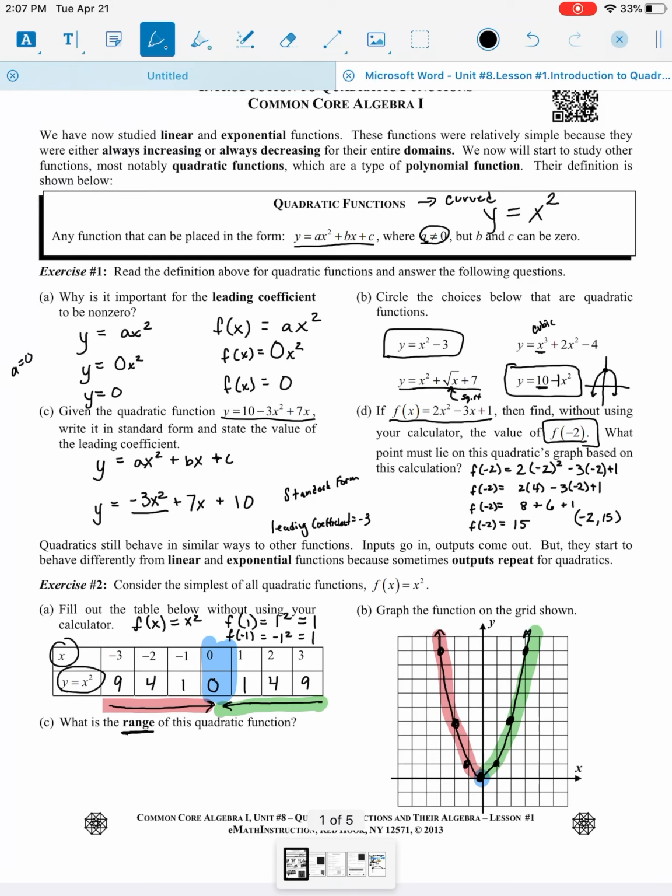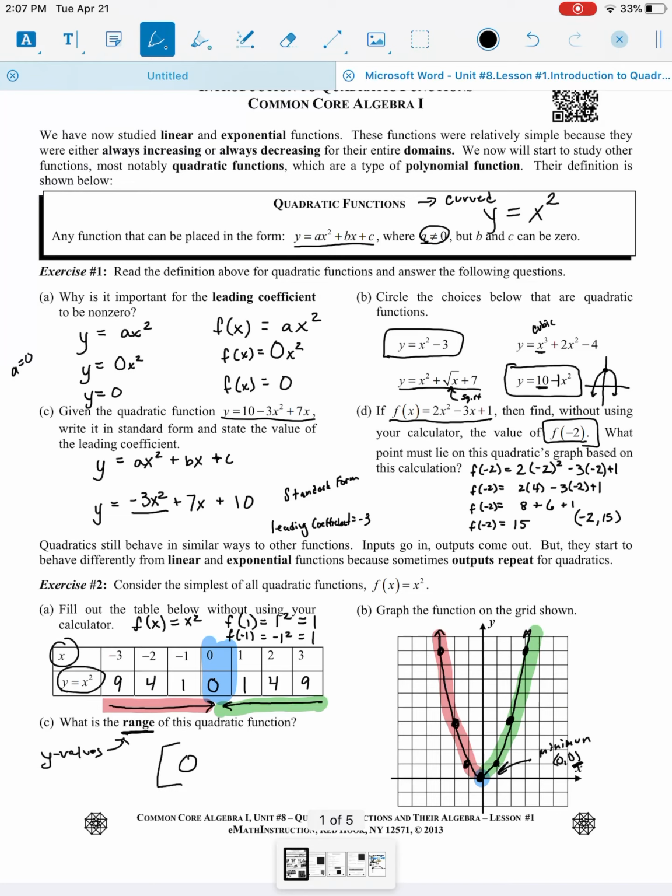Now in this case, our minimum occurs at 0, 0. And we look for our y values when we talk about our range. Now in this case, our lowest y value is 0.